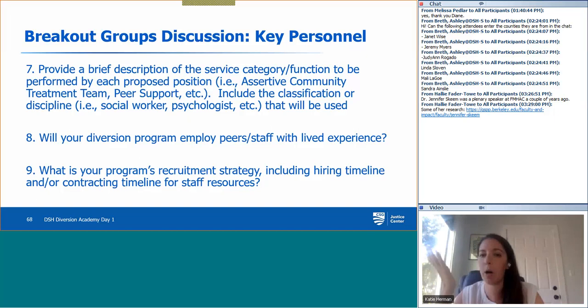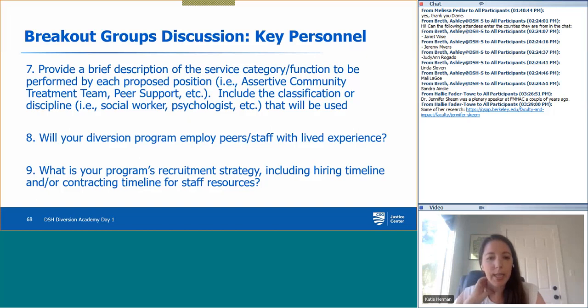So for example, are you envisioning an ACT treatment model, incorporating peer support, full service partnership? What will the classifications of different staff be that will be used for diversion? Will your diversion program plan to employ peers or staff with lived experience at all? What's your program's recruitment strategy? We know workforce development is a challenge, so we'll definitely talk about that.